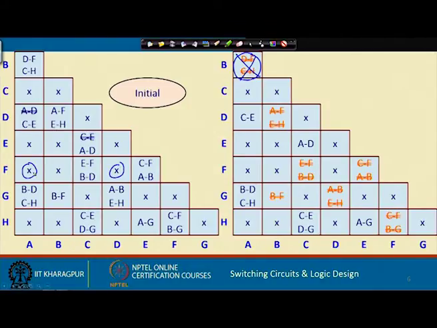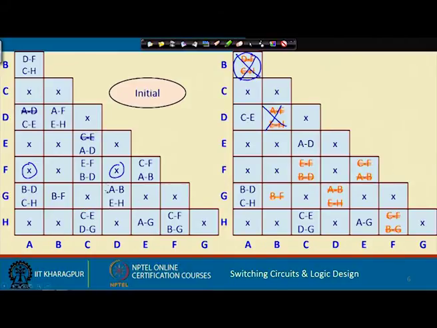If there is at least one cross, they will also get cancelled out. Then look at this E F, this is not cancelled, then B D.